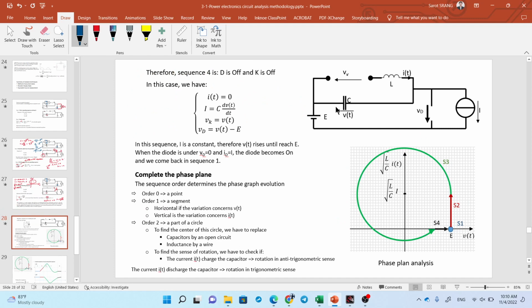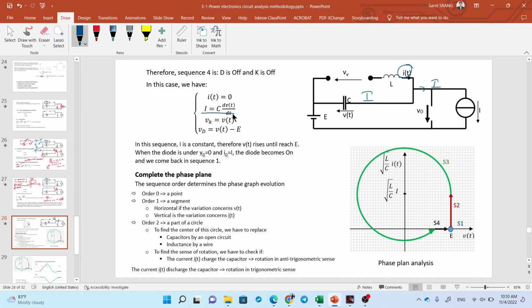And next, sequence 4. In this case, D is still off, and we switch K to be off. Right? So you have open circuit here, open circuit here. Then current here becomes 0, and current I here is the same as current I passing through the capacitor here.